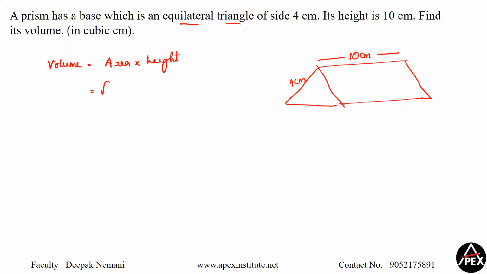So volume will be equal to root 3 by 4 into a square, 4 into 4, into height 10. So this will be 40 root 3, sorry, centimeter cube. So the answer for this question should be 40 root 3 centimeter cube.